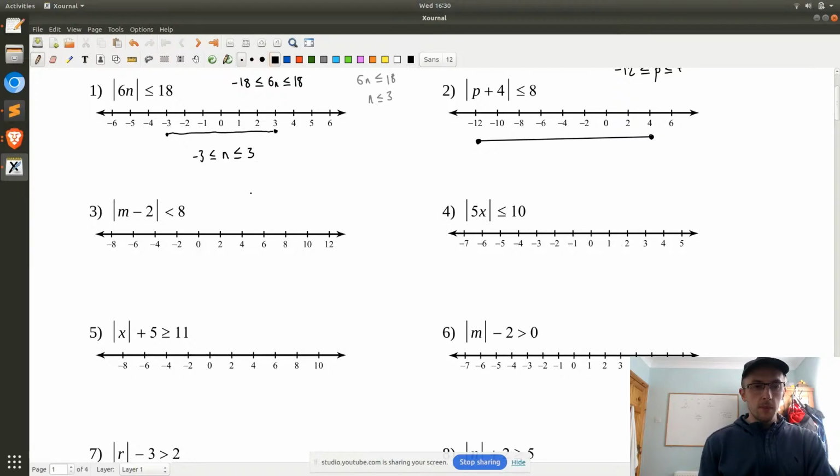Next, the absolute value of m minus 2 is less than 8. So -8 is less than m minus 2, which is less than 8. Plus 2 to both sides, or all three pieces. And -6 is less than m, which is less than 10. Dot under there, dot under there.